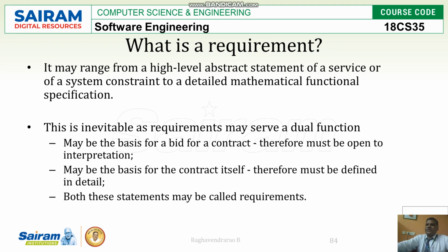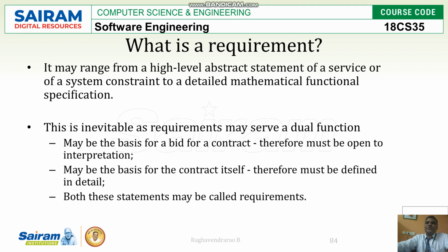Then the question is, what is a requirement? Any project developer is going to ask what you need basically. That is what the requirement is. So the customer is going to give a first basic plan of what he needs. Then after designing and all these things, he will come back and say, okay, I need this also, that also, this also.